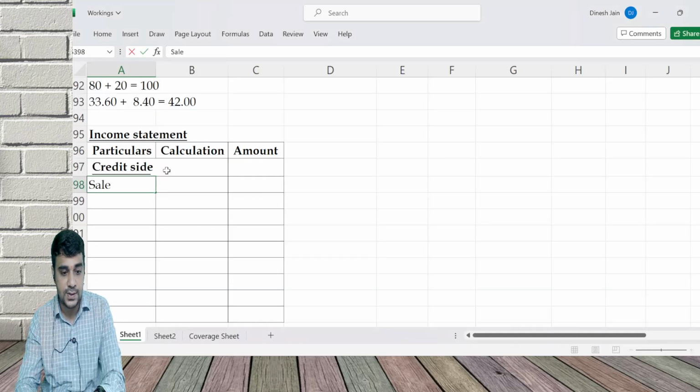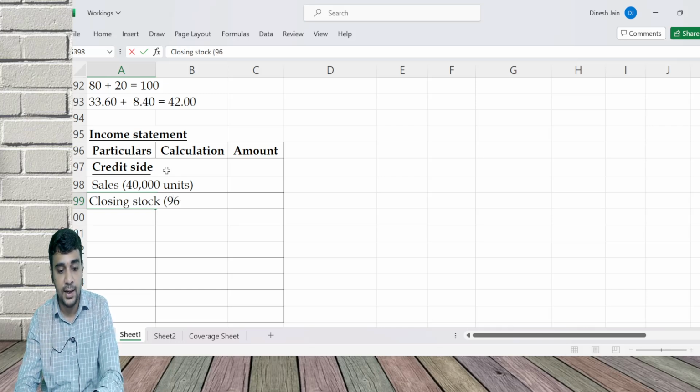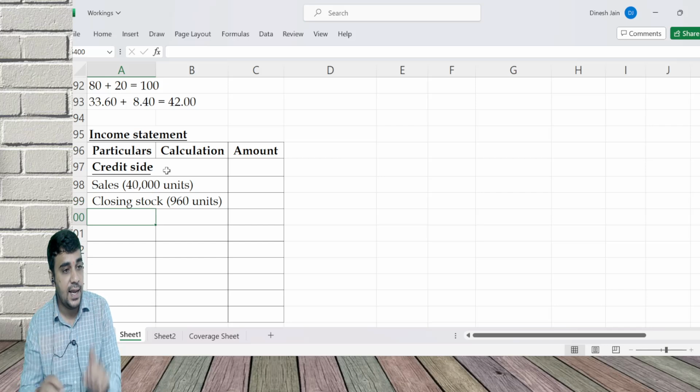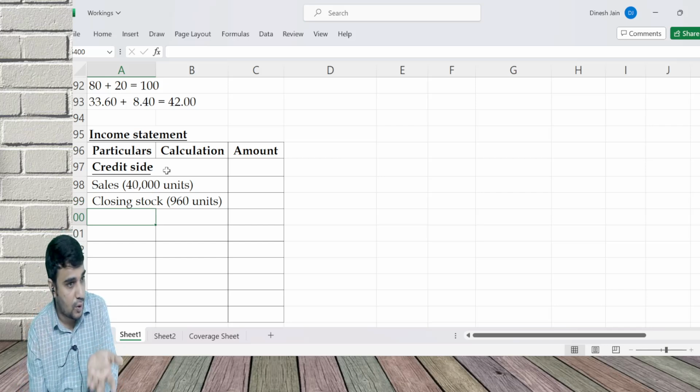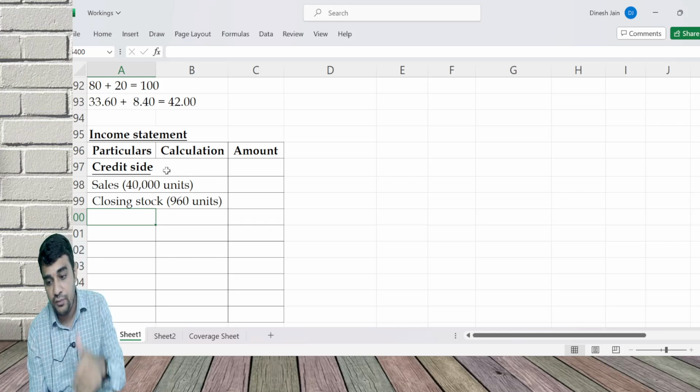So point number 1 is sales, which is 40,000 units, and point number 2 is closing stock. This will go in the credit side of the trading account or P&L account. Sales of 40,000 is at the rate of 42. Whatever be the cost, the cost can be higher, cost can be lower. I cannot now go back and say I want to change the price, because when we fix the fees for you, we have fixed the fees at the beginning of the classes.